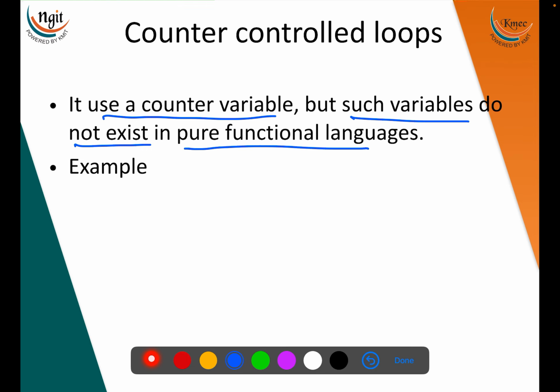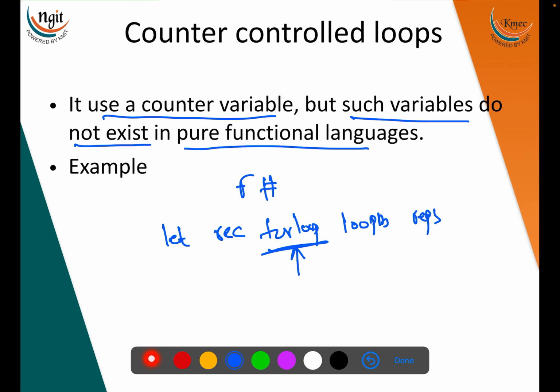So let's take the example of F sharp. Now in F sharp, we'll use for loop in this way: let rec for loop body. Now if you see this, for loop is being used in F sharp by taking some kind of keywords. These are counter controlled loops.